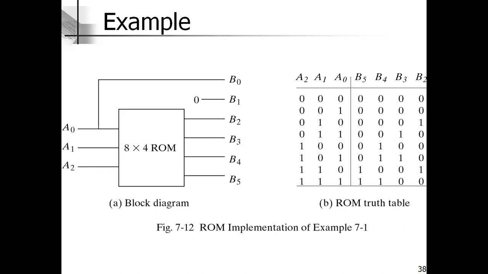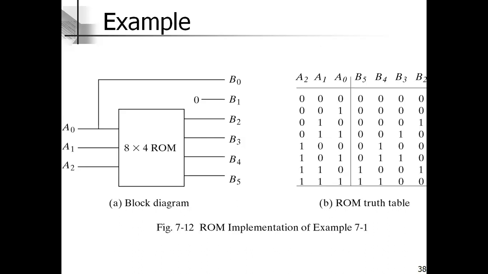Here we have seen only how the ROM implementation looks. Design a combinational circuit using ROM. The circuit accepts a 3-bit input number and outputs a binary number equal to the square of the input number. So finally we will get values like this.